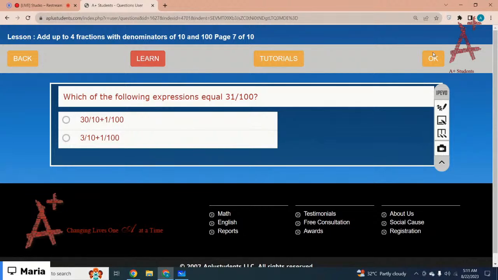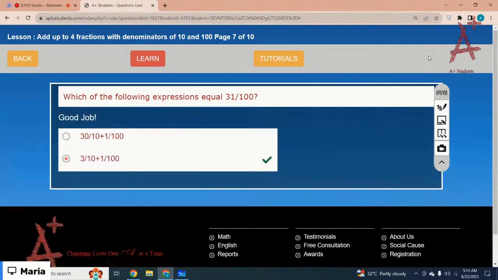The correct option is, very good, the second one. You got the trick actually, isn't it?